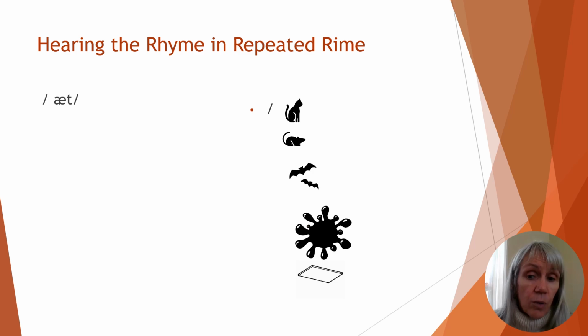So again, rhyme is the ending of small word parts or words, one syllable usually, and it begins with a vowel sound, and it may or may not end with a consonant sound. But we definitely hear the vowel sound in a rhyme.